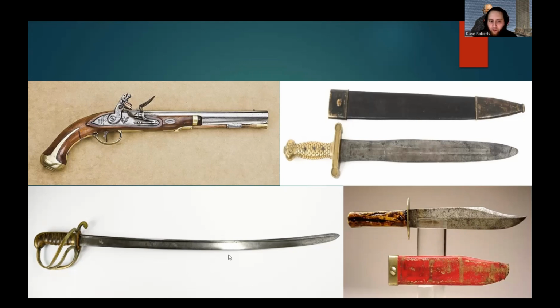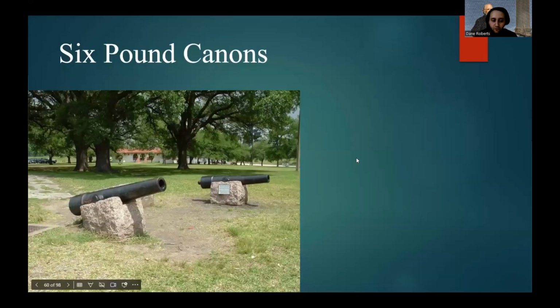And the commanders of each regiment would be issued sabers. Also, the military of the Texas Republic had access to varying amounts of the common type of cannon used by militaries at the time, the 6-pound cannon.